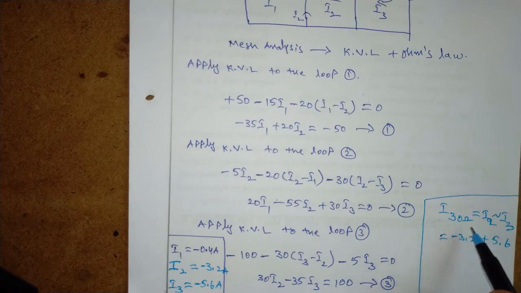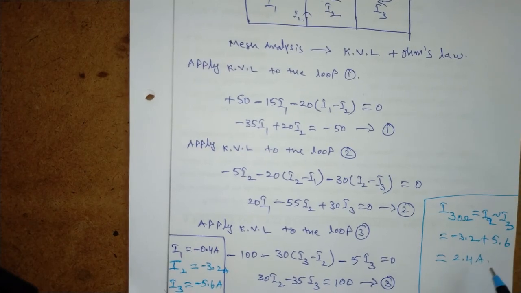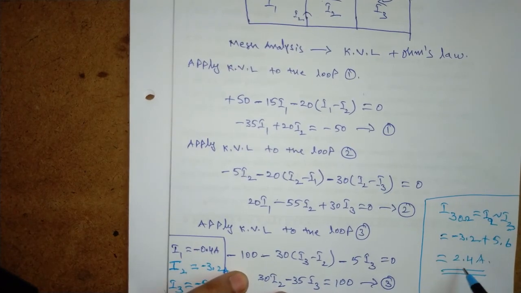So it is I2 minus I3, that is minus 3.2 minus of minus 5.6, plus 5.6, that is equal to 2.4 amperes. This is the required answer.